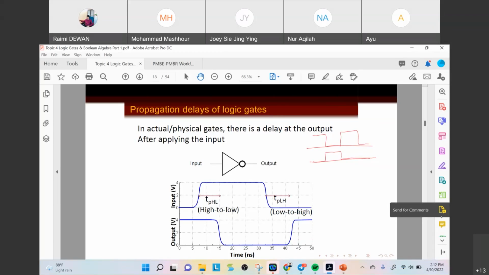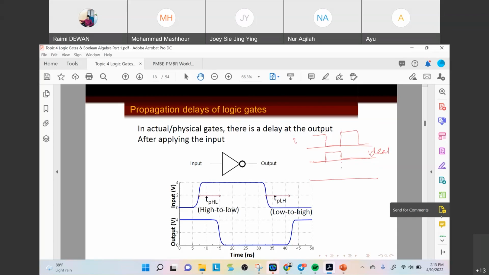But in real practice, we don't have this, where whatever change in the input directly changes the output. Actually there will be delay, because the signal has propagation delay traveling from one logic gate to the next. So this is the ideal case, but for the practical case, there will be a bit of delay.